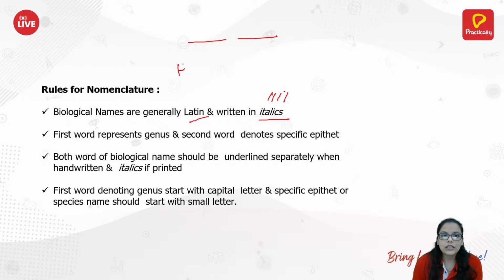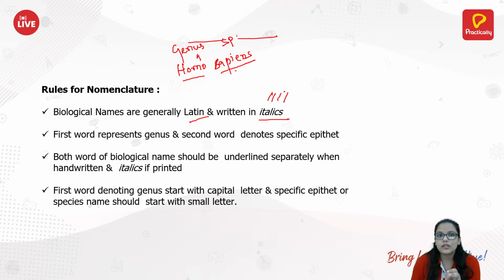Suppose I'm writing Homo sapiens. I have to put a dash below them, because I'm not typing it, I'm writing it. Now, the first word represents genus, and the second word is species.